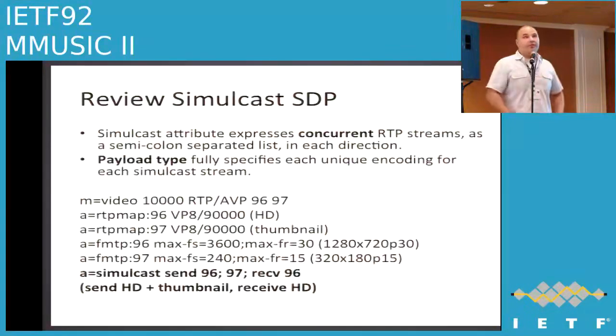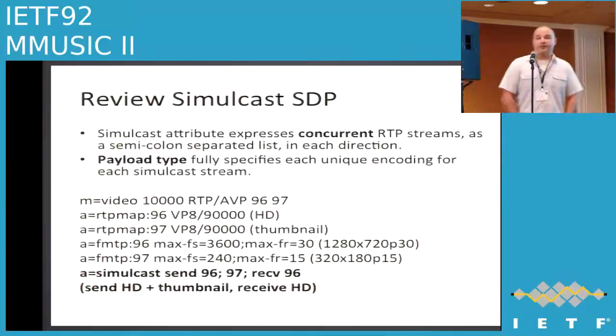We don't specify anything about what happens if you don't negotiate simulcast. It's just regular SDP rules. You have a selection. You could send HD or SD, either one. Yes, preferred.